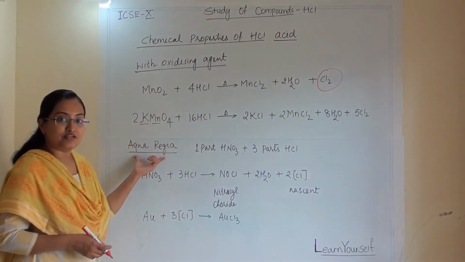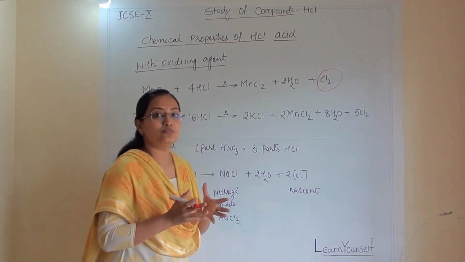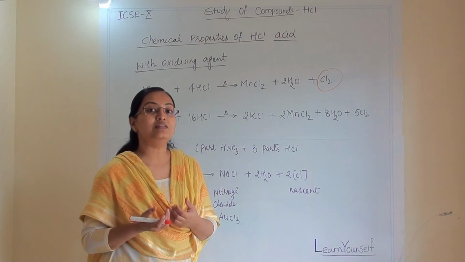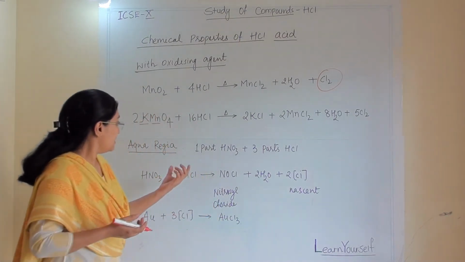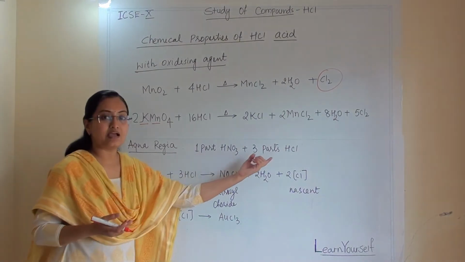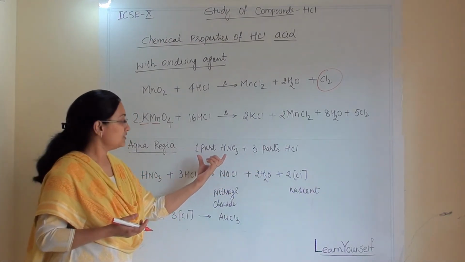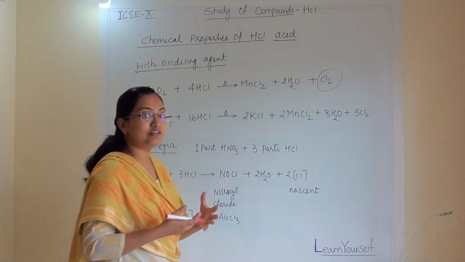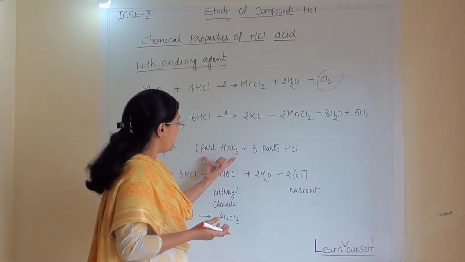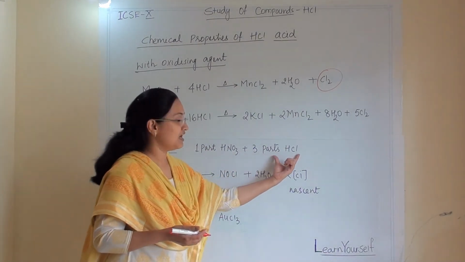Now aqua regia is an important medium to dissolve noble metals. Why and how? Let us first understand how we make aqua regia. We make it by mixing HNO3, that means nitric acid, and hydrochloric acid.